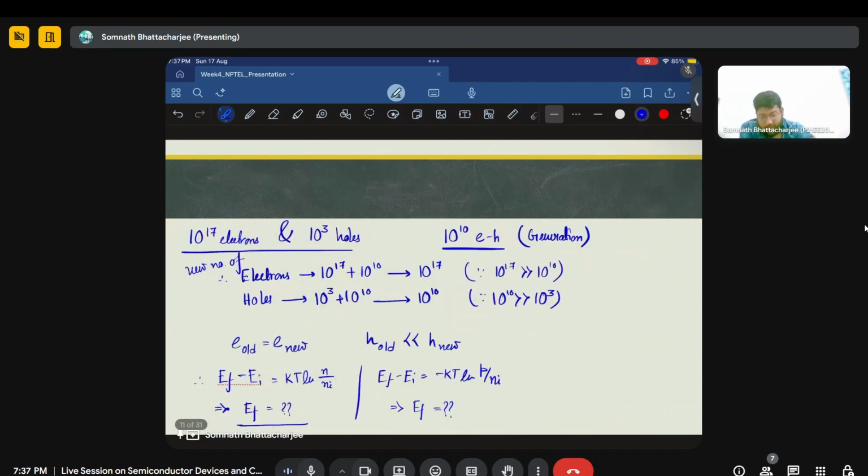This will give us the value of EFp, whereas this will give us the value of EFn. These two are called the quasi-Fermi levels. This one is the quasi-Fermi level for the electrons, whereas this one is the quasi-Fermi level for the holes.